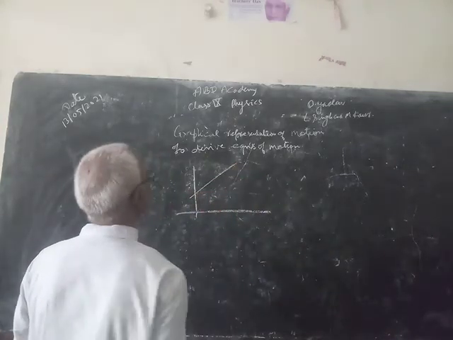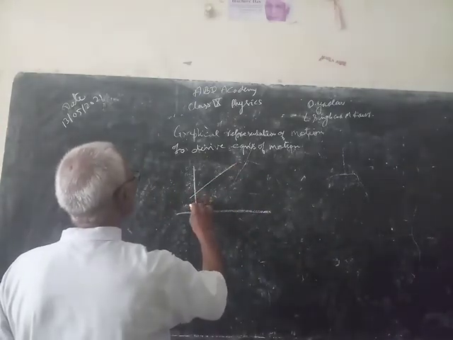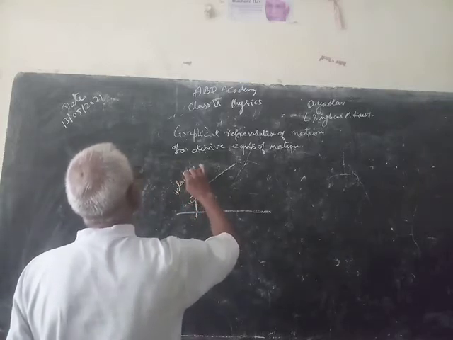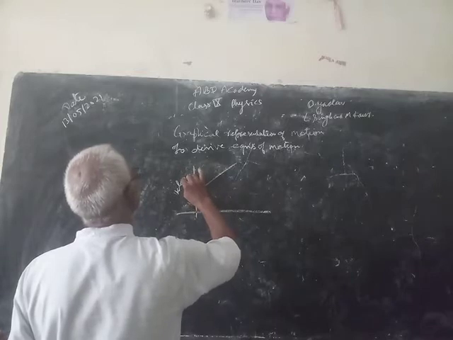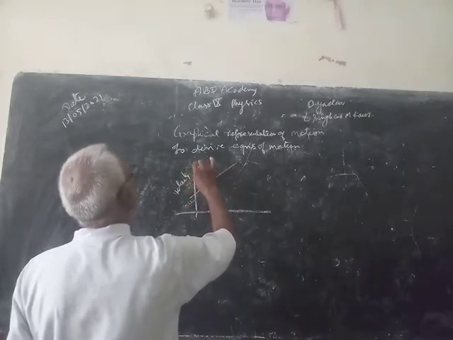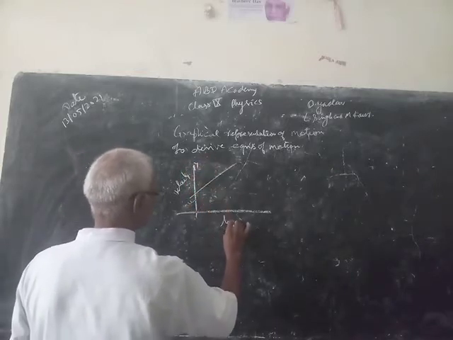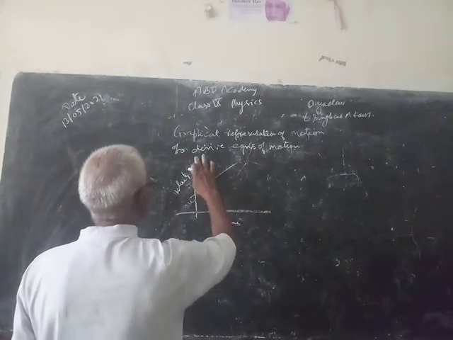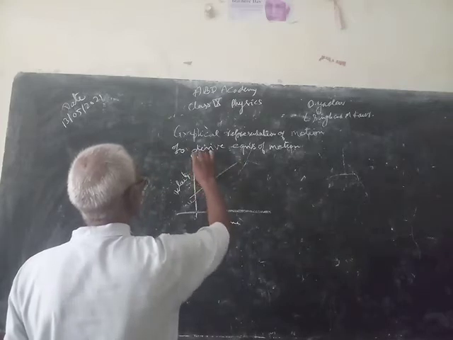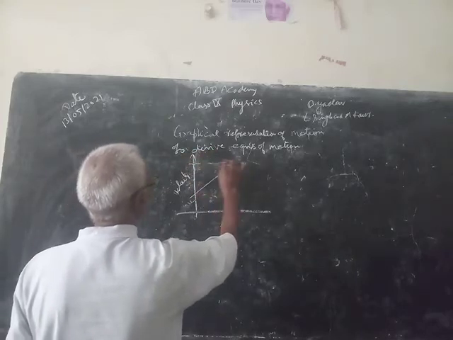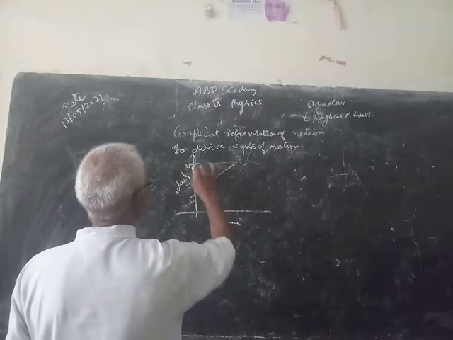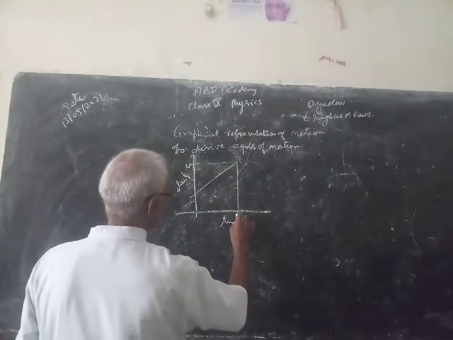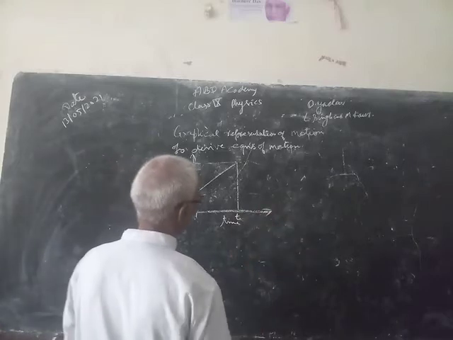This is the graph. This distance is u. Velocity is on the y-axis. Here is time, and here the velocity becomes v. Time is t here on the x-axis, the time axis.